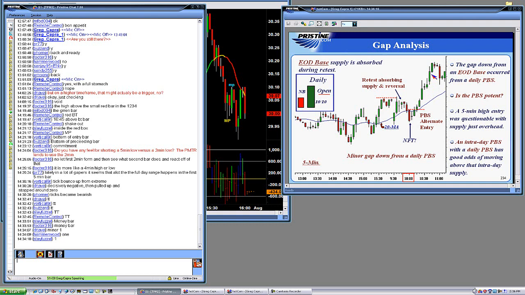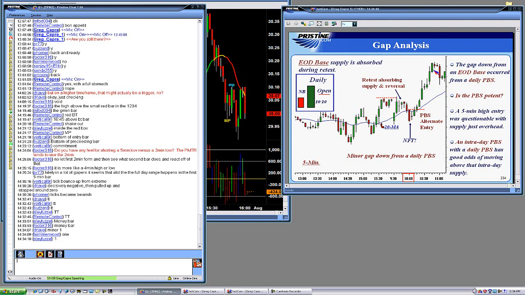Notice this bar here. It closed right at its high. After prices were moving up 1, 2, 3, 4, 5, 6, 7, 8 bars, demand is strong right into the end of that bar. What else about this bar?